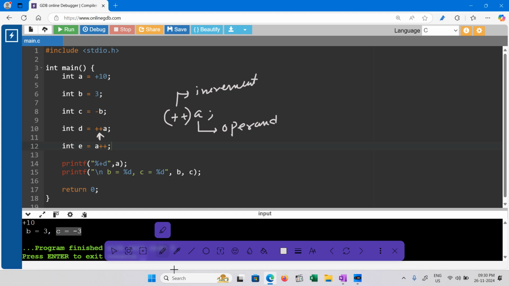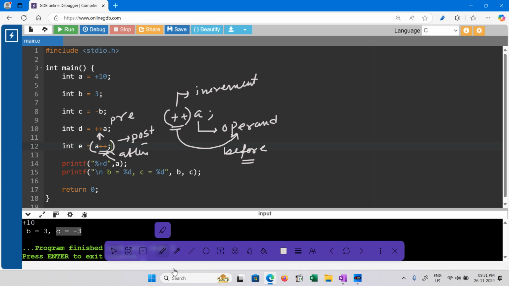Now look at the position where this increment operator appears. Here the increment operator appears before the operand, so this is called pre-increment, and here the increment operator appears after the operand, so this one is known as post-increment.